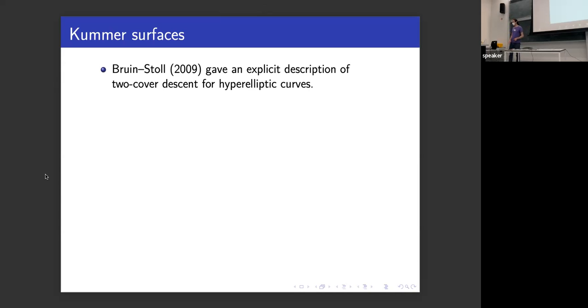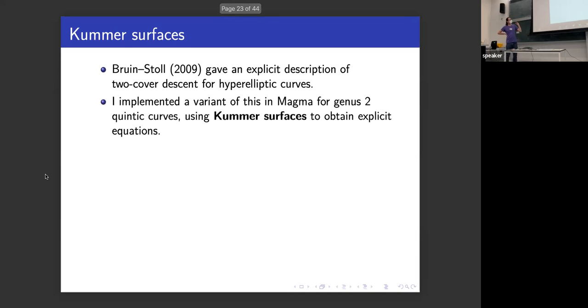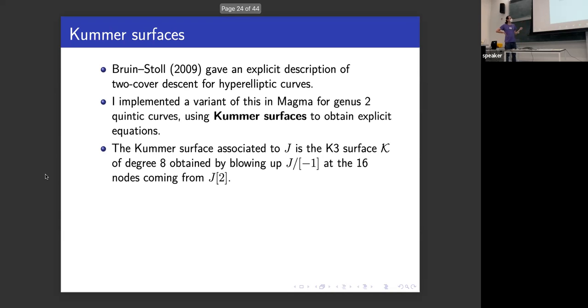So the approach to writing down explicit equations for all this that I took is using Kummer surfaces. Brown and Stoll used a different approach. They gave an explicit description of two-cover descent for hyperelliptic curves. The variant of this that I implemented in Magma for genus 2 quintics uses Kummer surfaces. So when you have the Jacobian of a genus 2 curve, you quotient by the -1 involution.